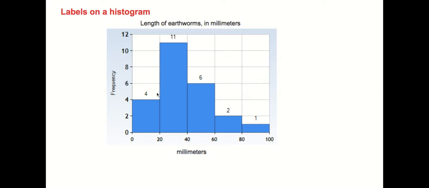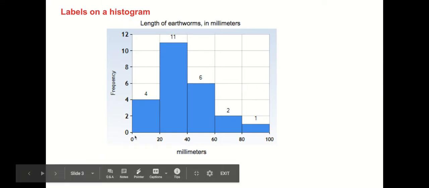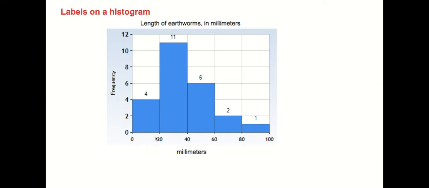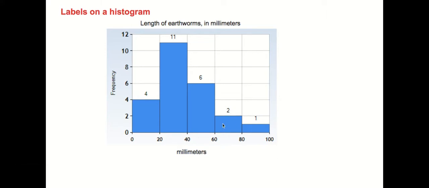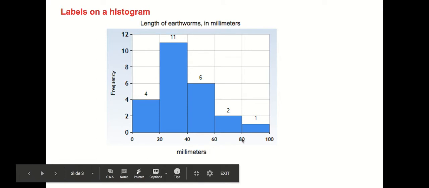So you have 4 earthworms measure between 0 and 20 millimeters, 11 earthworms measure between 20 and 40 millimeters, 6 earthworms measure between 40 and 60 millimeters, 2 measure between 60 and 80 millimeters, and 1 very long earthworm measures between 80 and 100 millimeters.